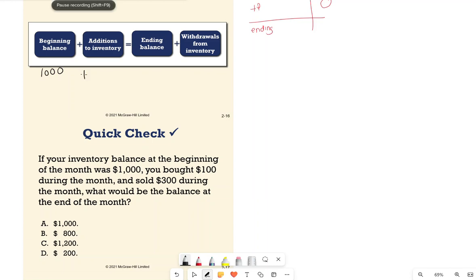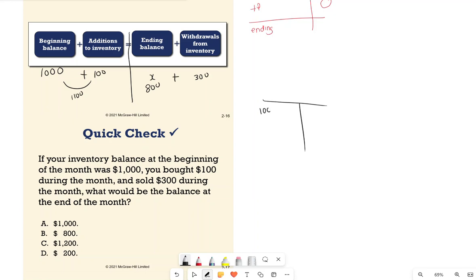We bought 100, so altogether we have 1,100 worth of inventory. Then we sold 300, and what will be the ending? They both have to be equal, and this is my X, and that will be my $800. Or you could do it in another way.